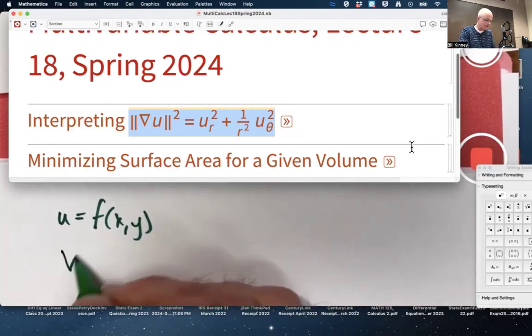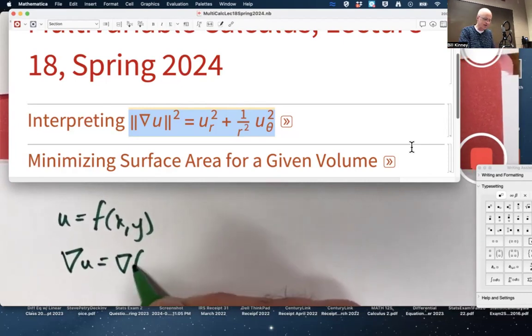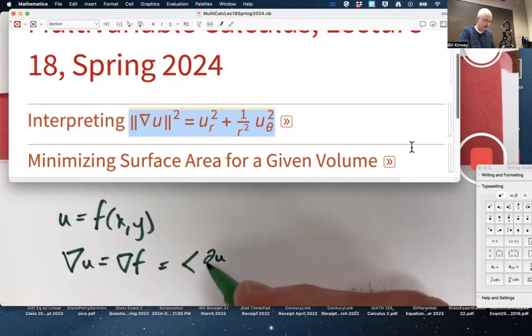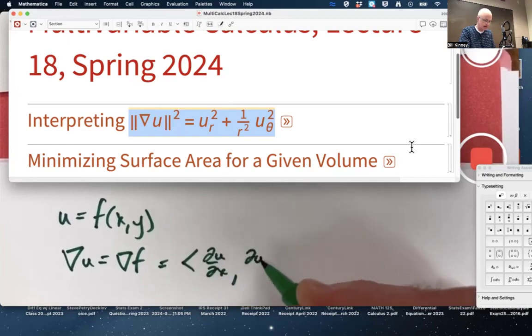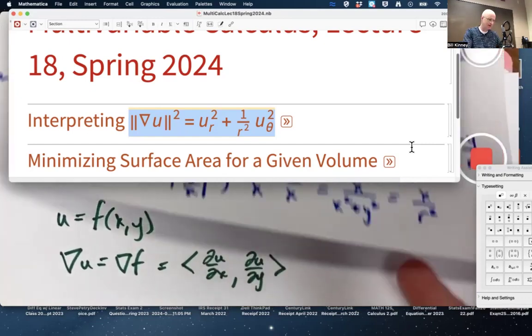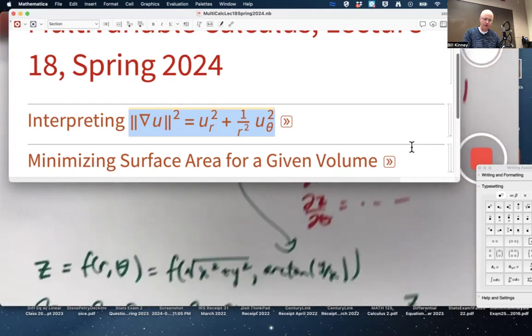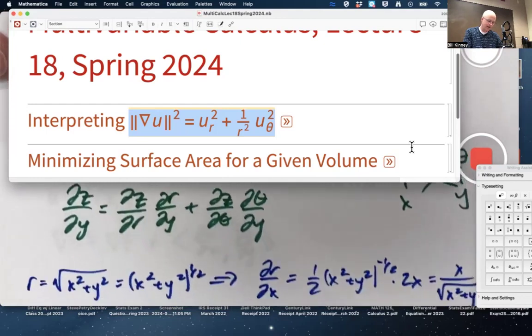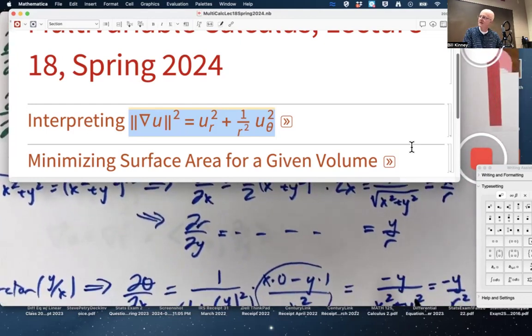We're interested in the gradient of u, which you could also write the gradient of f. It would be this vector. I could write both of those derivatives like this. And I could replace the partial of r and theta with respect to x and y with these things that I derived.